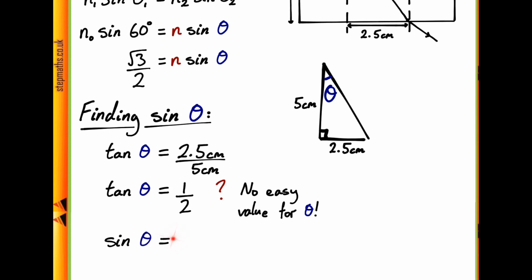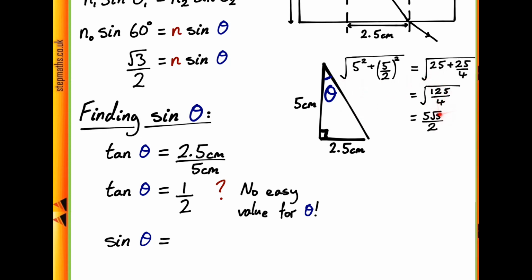Well, sine theta is just the opposite, which is our 2.5 centimetres, divided by the hypotenuse. But we don't know the hypotenuse, although we could try and work it out, because we have a right angle triangle and both of the other sides. So with a bit of Pythagoras, we can go ahead and solve this to get that the hypotenuse is just going to be 5 root 5 divided by 2.